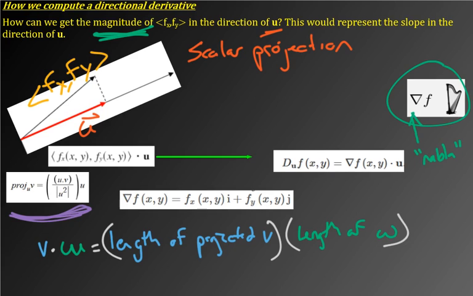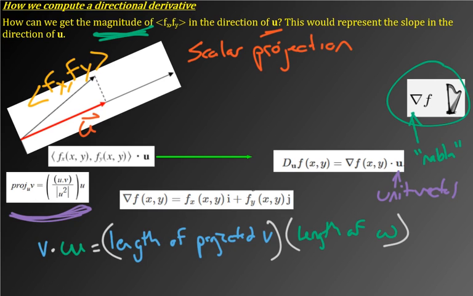And when we dot that vector of partial derivatives with a unit vector, and specifically this is always a unit vector, because it's really just there to give me the direction of that vector. I don't want to actually make it bigger, so I want the length to be 1.